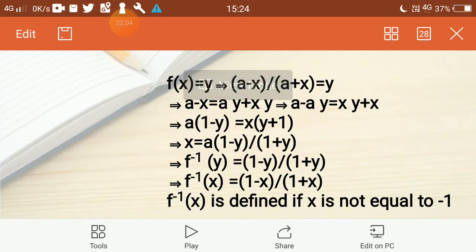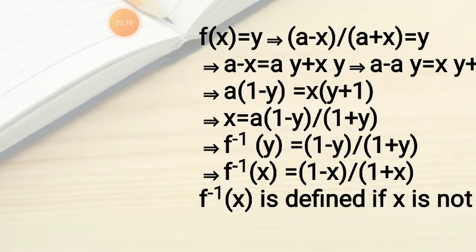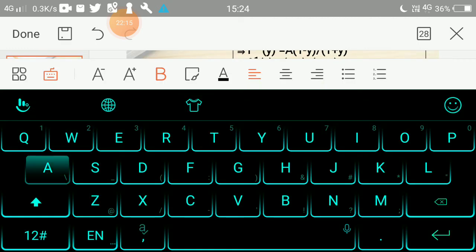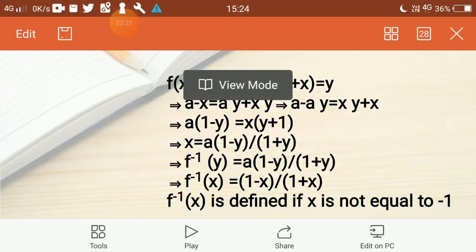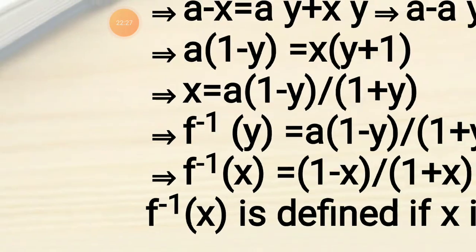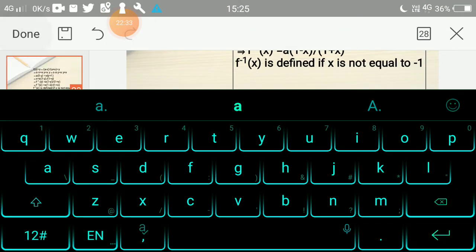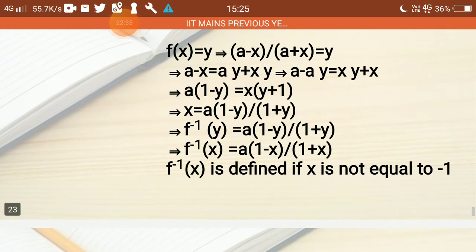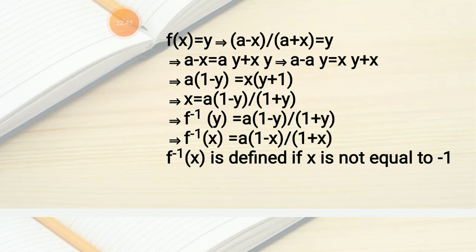So x is equal to a(1 − y) by (1 + y), so f inverse of y is a(1 − y) by (1 + y). So f inverse of x is again a(1 − x) by (1 + x), because whenever f inverse of y is a(1 − y) by (1 + y), f inverse of x is a(1 − x) by (1 + x). f inverse of x is defined if x is not equal to minus 1.